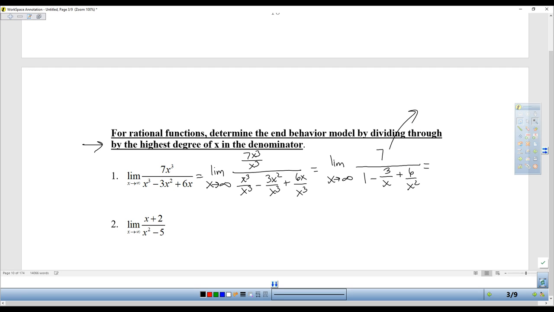So since this is a new lesson, I'm just going to remind you that this is really the equation y is equal to 7. We're finding the limit of the equation y is equal to 7 as x approaches infinity. Well, as x approaches infinity, the y value is still going to be 7. So the answer to this would be 7.